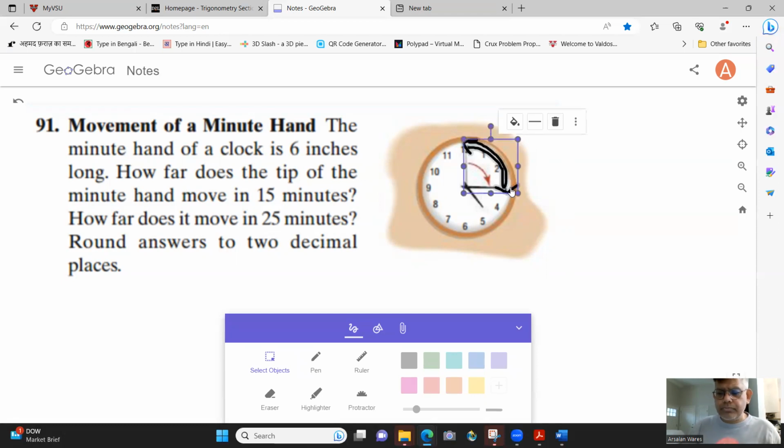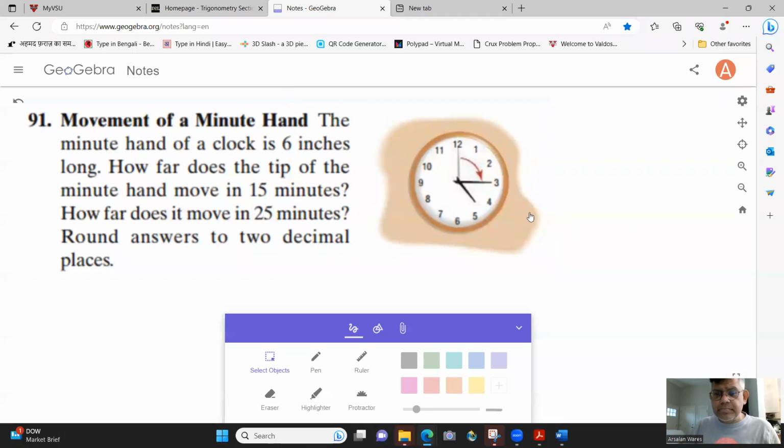Okay, so again, for 15 minutes, by the way, this angle is 90 degrees. 30, 30, 30, 90; 90 plus 90 is 180, makes sense. And I want theta to be in radians.